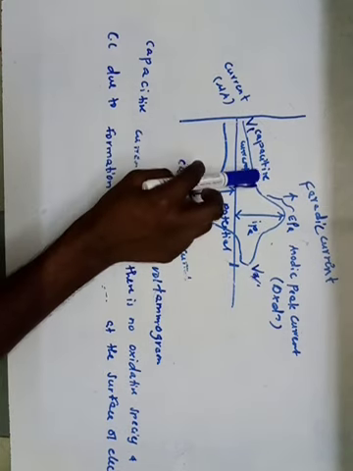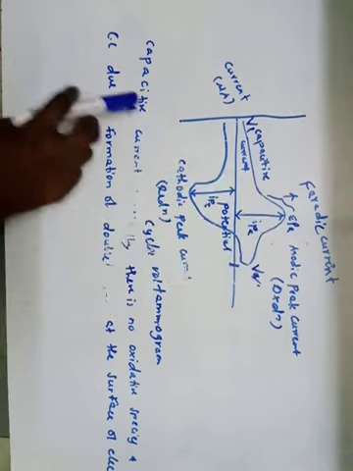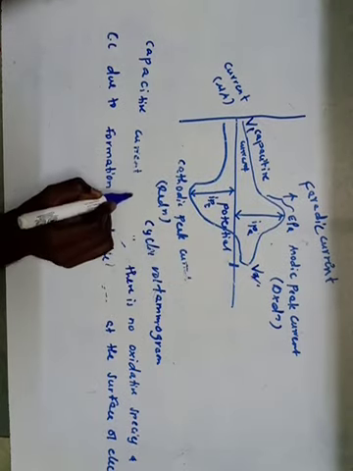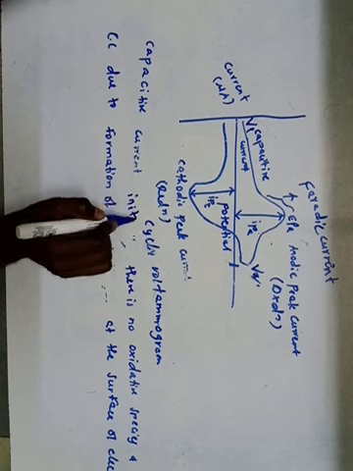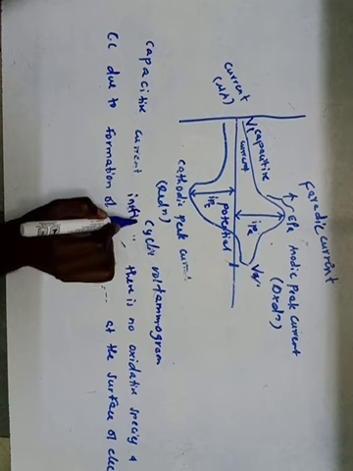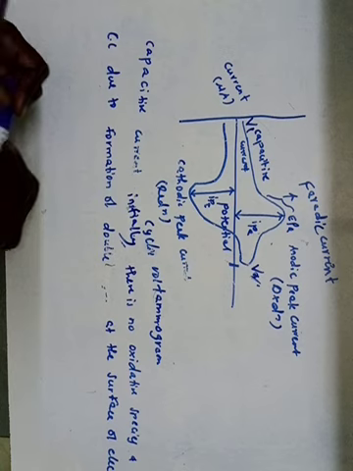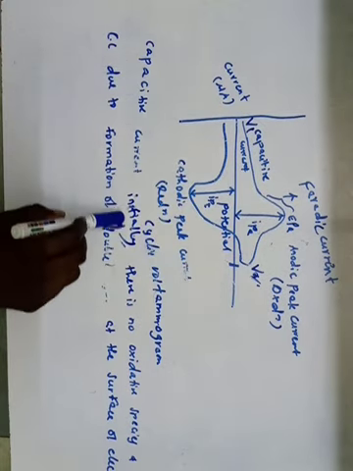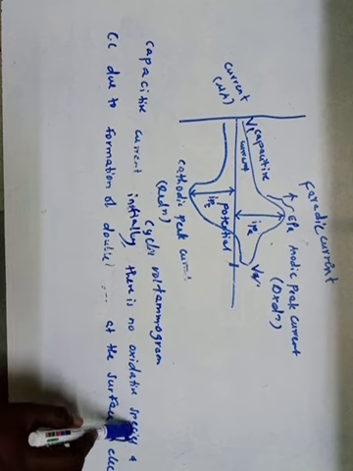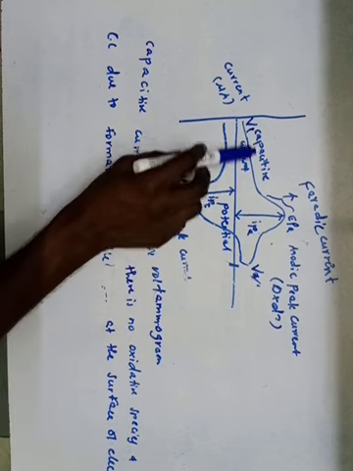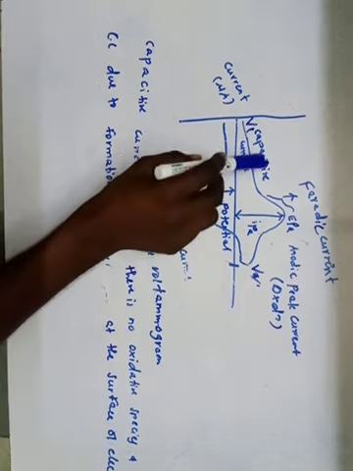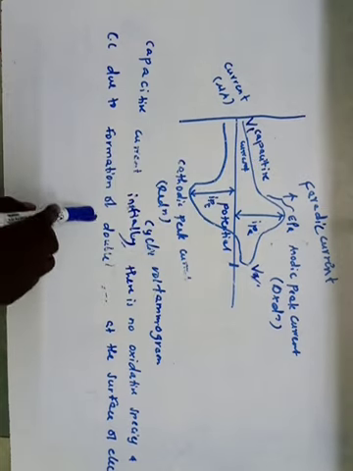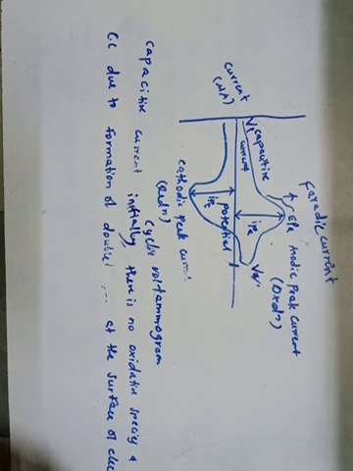And this is the capacitive current. Initially there is no oxidizable species, that's why capacitive current is produced. The capacitive current is also due to the formation of a double layer at the surface of the electrode.